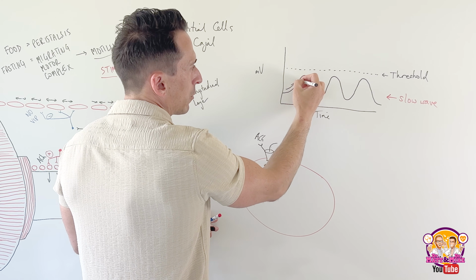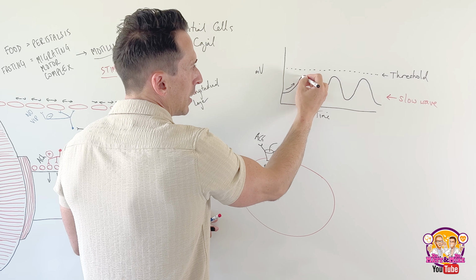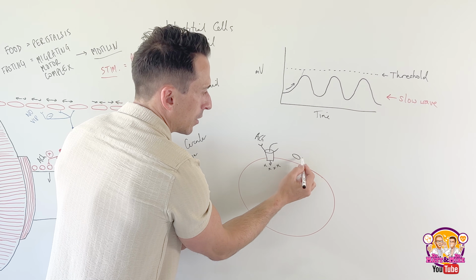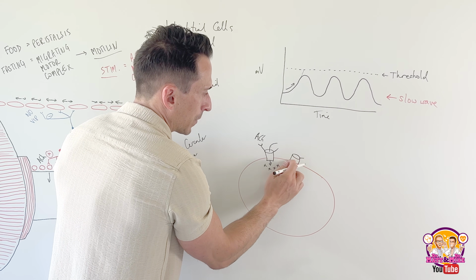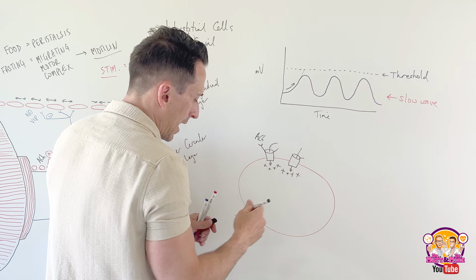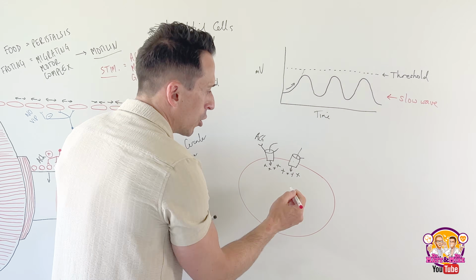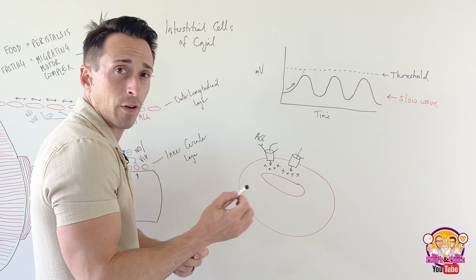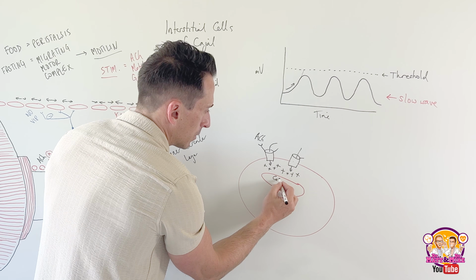Now, if enough calcium enters that it actually hits threshold, well, this triggers more calcium to enter, and we get a huge influx, and we know that inside muscle cells, we have something called the sarcoplasmic reticulum. This is a pool of calcium ions.